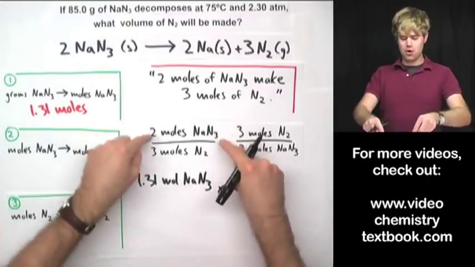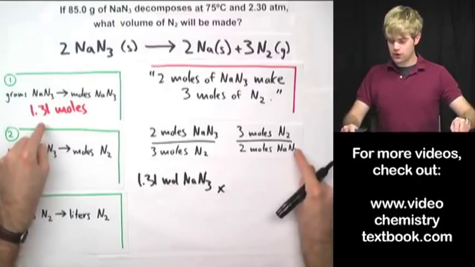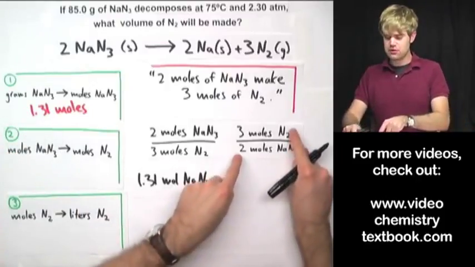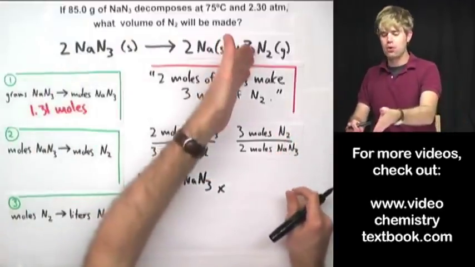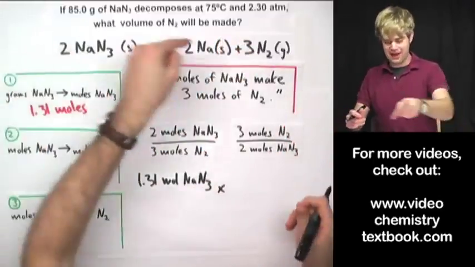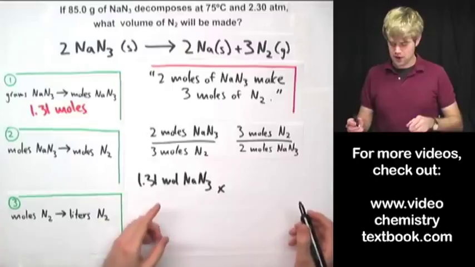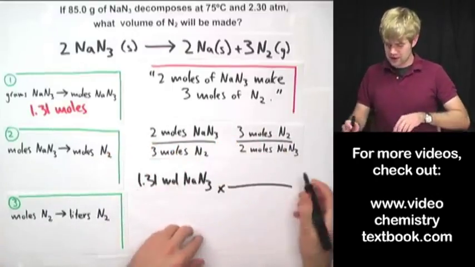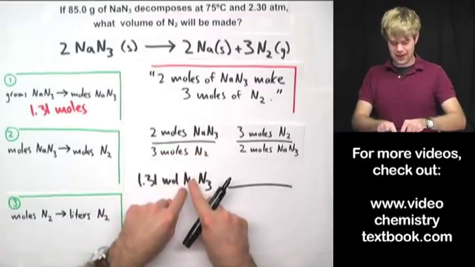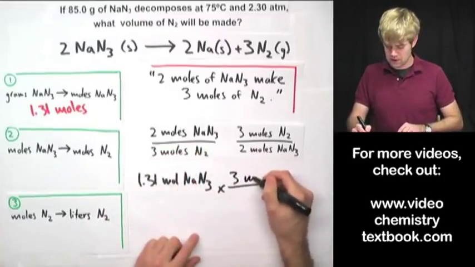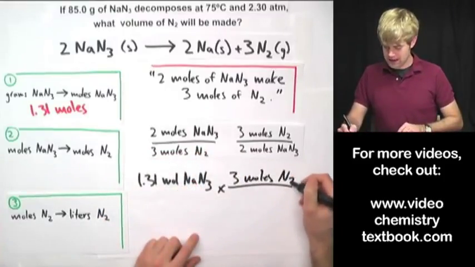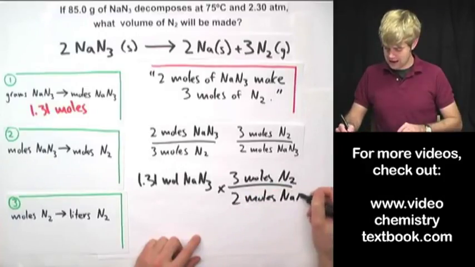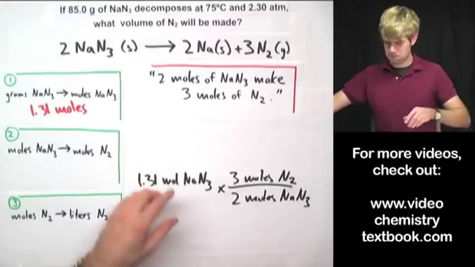And I want to multiply that by the conversion factor that's going to get rid of NaN3 and leave me with moles of N2, so I can find out how many moles of N2 I get after that goes through this equation. I'm going to use this conversion factor because NaN3 is on the bottom, so it'll cancel out the NaN3 on top. So 3 moles N2 divided by 2 moles of NaN3.